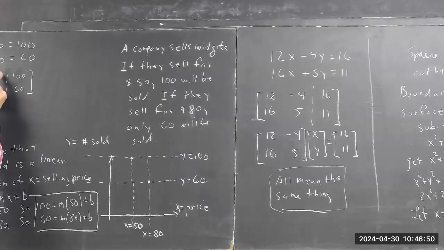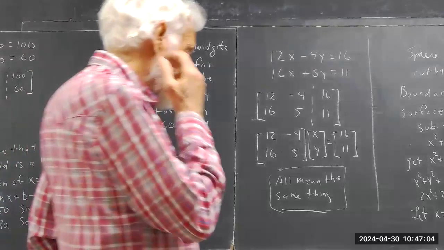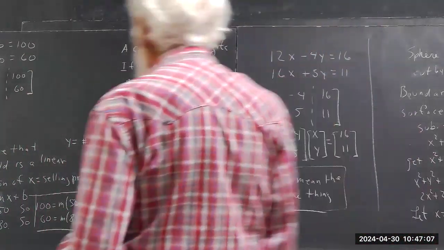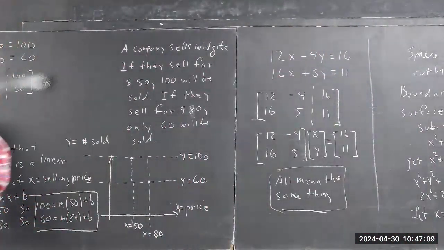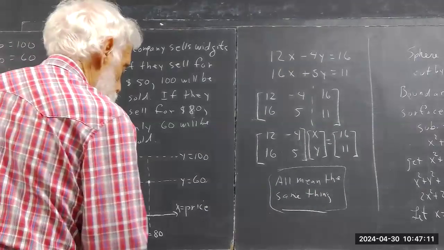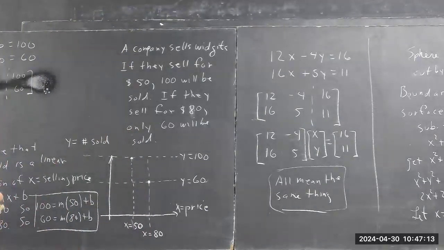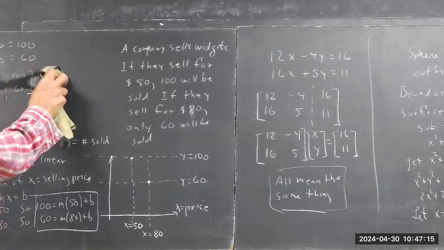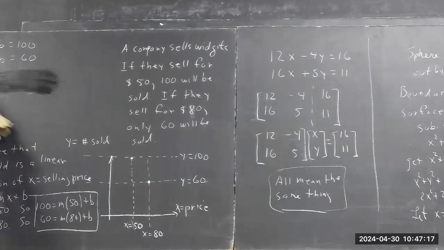We can eliminate b. I really want these ones being the first column.